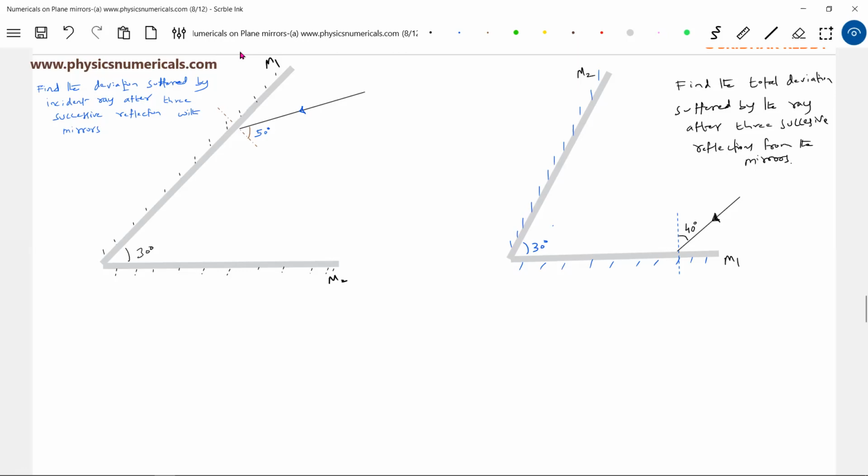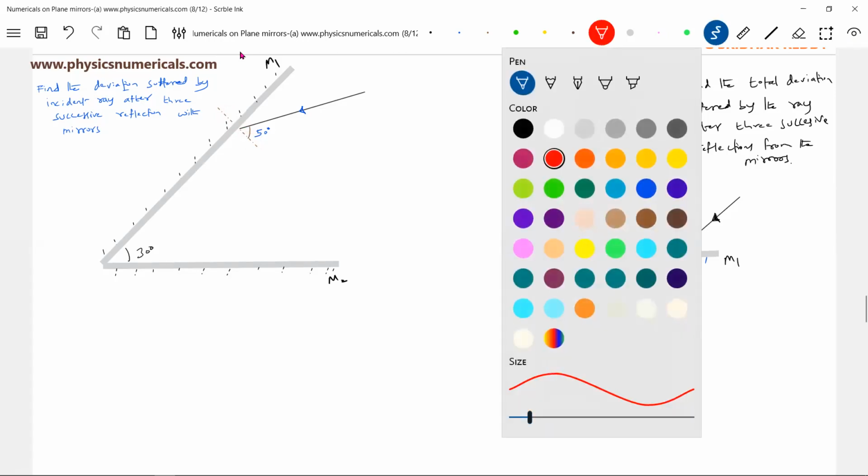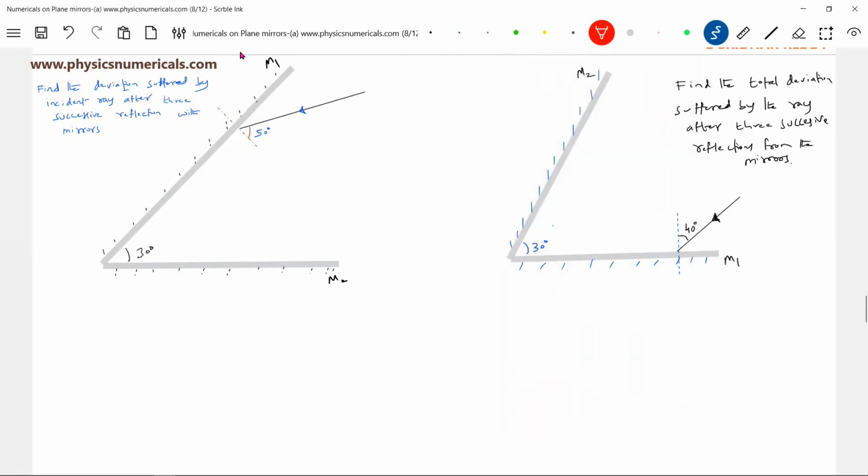Now what is this? This line should be the normal. Okay, we'll trace it out. This angle should be 40 because this is the normal. If you are getting confused, write it here.